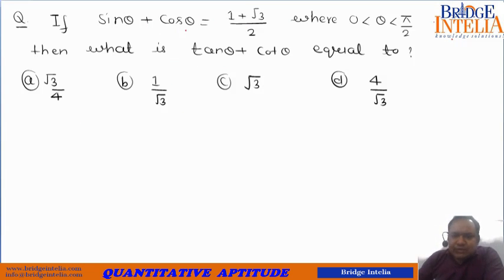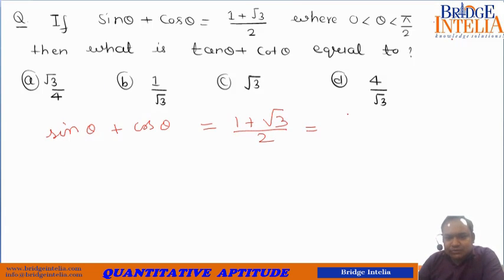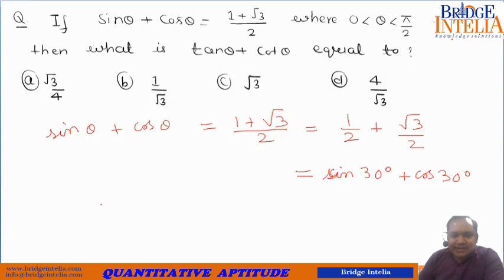If you are simply observant, you just bifurcate this term into two different terms. So this comes out to be half plus root 3 by 2, which is nothing but sin 30 degrees plus cos 30 degrees.